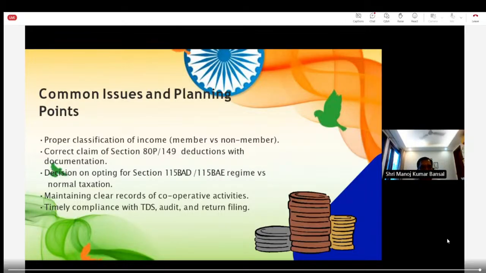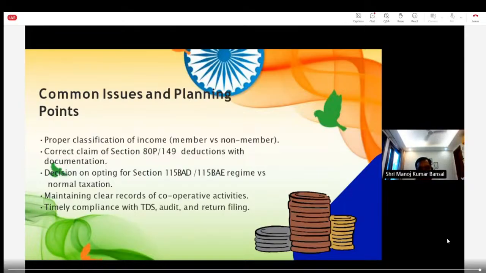Common issues and planning points. Proper classification of income, members versus non-members, means if services are catered to non-members and income is generated, no deduction can be availed. Correct claim of section 80P deductions with documentation. Decision on opting for section 115BAD and 115BAE regime versus normal taxation, because this is one of the big planning points.